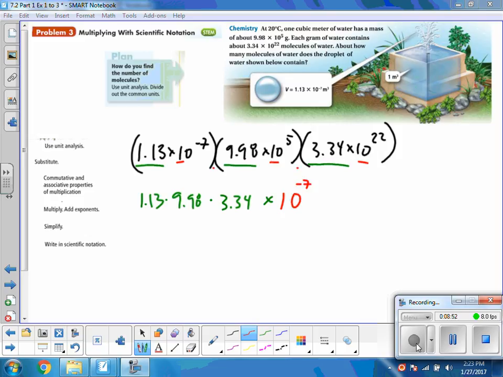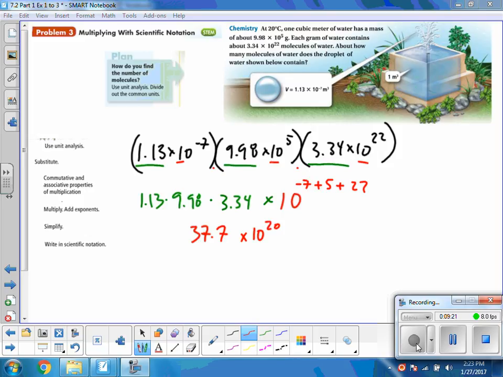So negative 7 plus 5 plus 22. I'm going to use a calculator here, and all these decimals multiplied together get me like 37.7, right around there. And then it's going to be times 10 to the negative 7 plus 5 plus 22. I end up with 20.